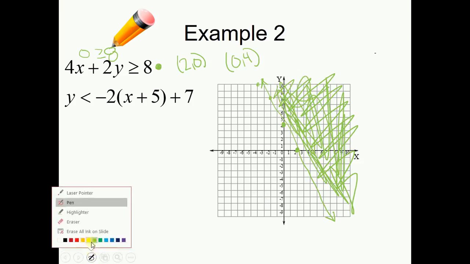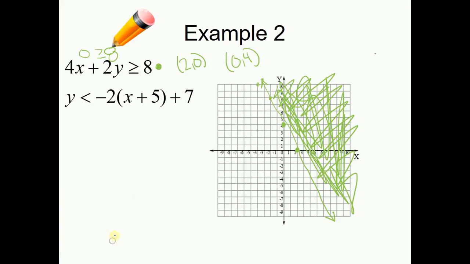Let's go ahead and use blue for the second equation. Notice, guys, this is in translated form, so we need to find the point -5, 7, because remember your x value was opposite. So -5 and +7, that would be all the way up here.